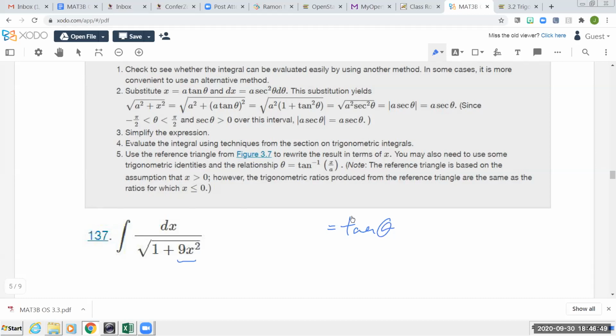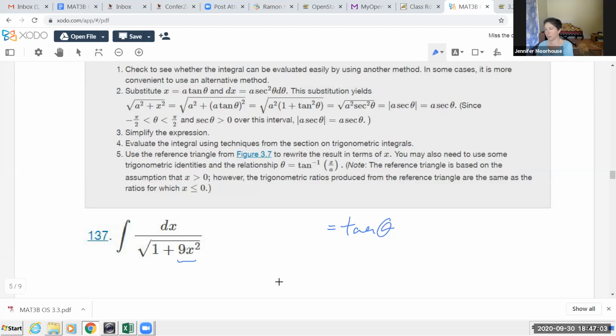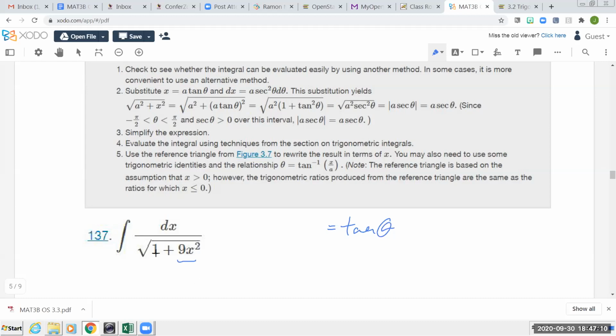It's going to be this. It's going to be square root of 1 plus 9 tangent squared. So I want what's under the square root to be a 1 plus tan squared.